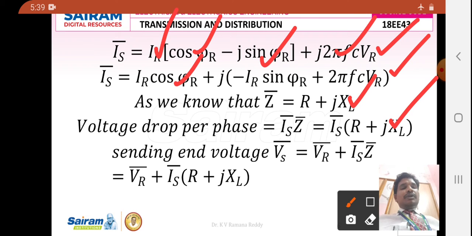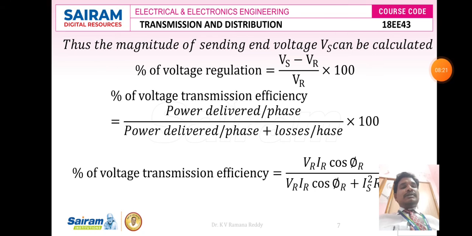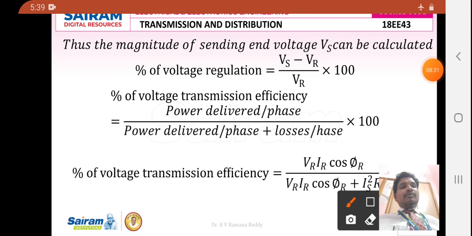Similarly, the sending end voltage Vs bar is equal to VR bar plus IS bar into Z bar, meaning the sum of the real component and imaginary component R plus jXL. Thus the magnitude of sending end voltage Vs can be calculated, and the percentage of voltage regulation is the sending end voltage minus receiving end voltage divided by VR into 100.